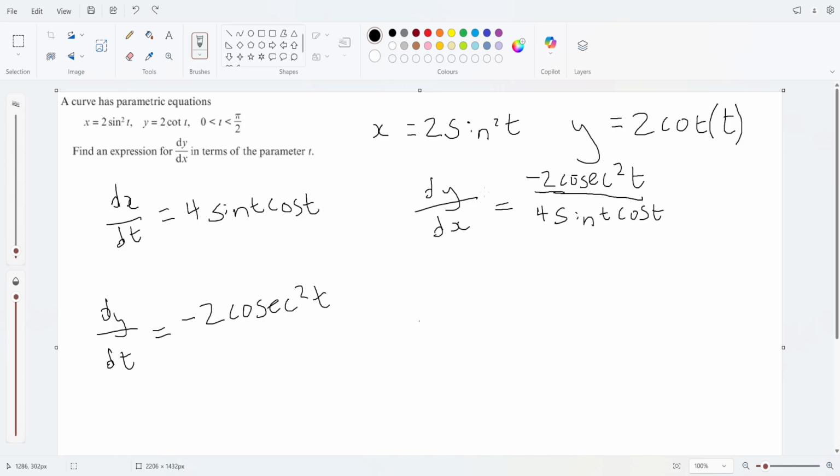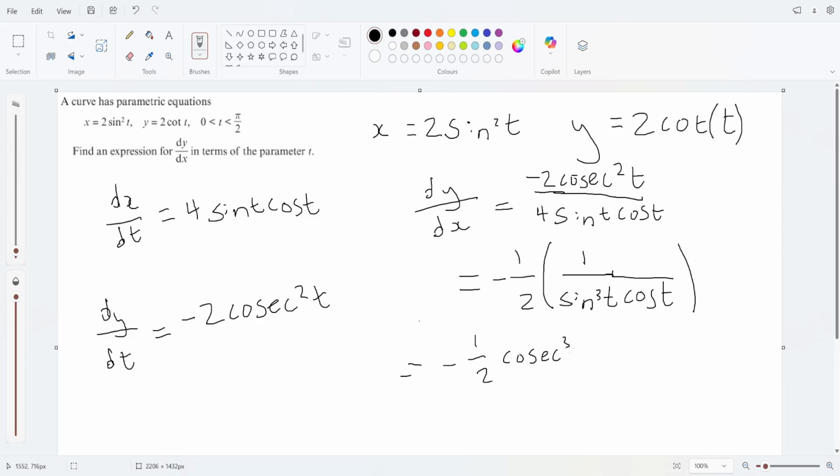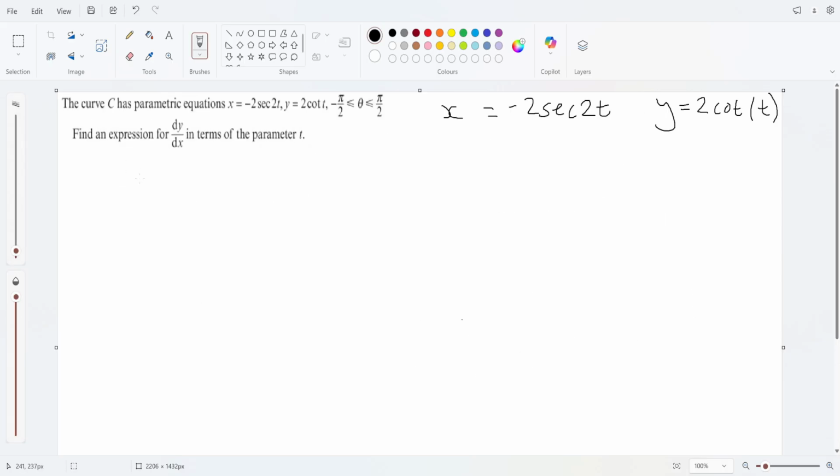Then you can just simplify this by bringing out the minus 2 over 4, so minus a half. Then cosec squared t goes to 1 over sine squared t, so that's going to be 1 over sine cubed t, and then cos t. And then you can simplify this a bit more by making it minus a half cosec cubed t sec t. And there we go.